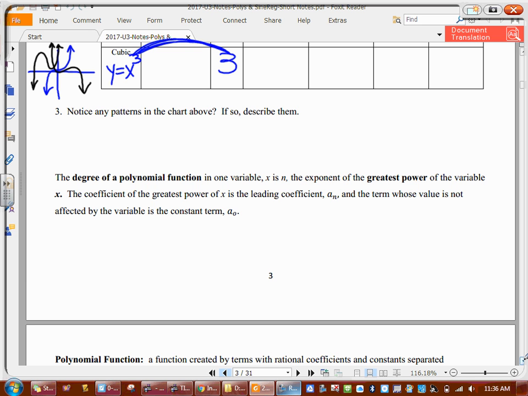Domain and range. Domain, no boundaries, x is an element of the reals. Range, no boundaries, y is an element of the reals. Then we're going to the number of turning points. It is 1 less than the degree. So we have a degree 3, it turns directions twice, maximum.